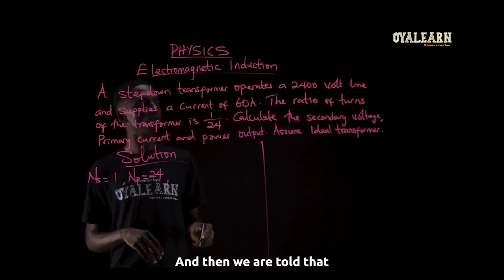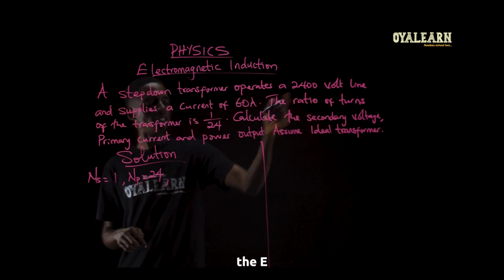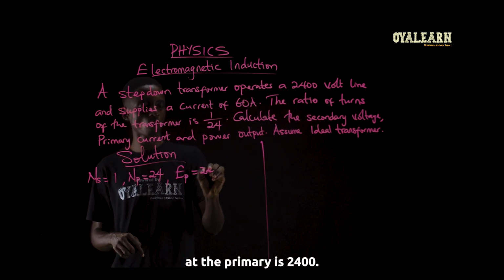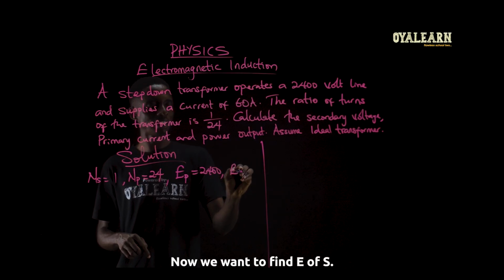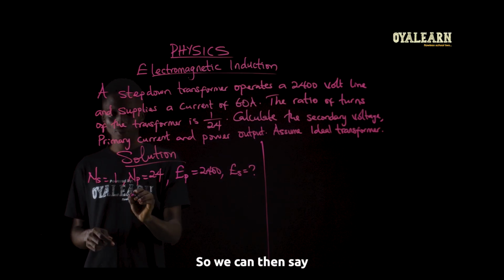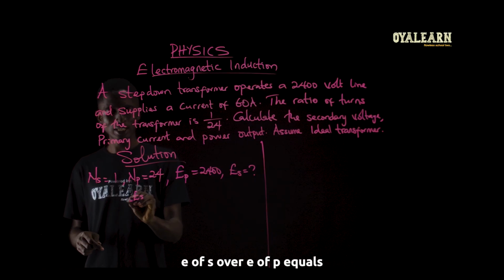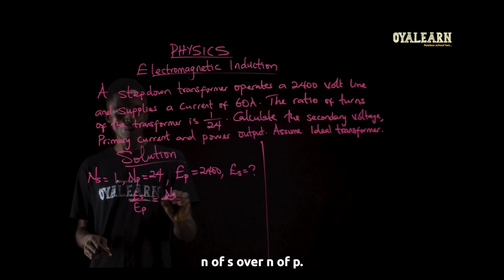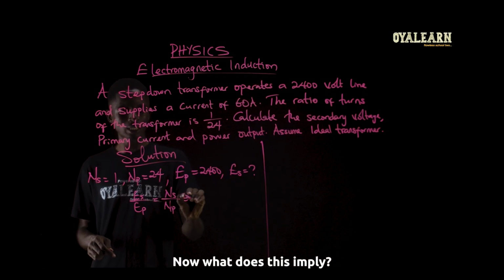And then we are told that the E of P, at the primary, is 2,400. Now we want to find E of S. Let's start with this. So we can then say E of S over E of P equals N of S over N of P. Now what does this imply?